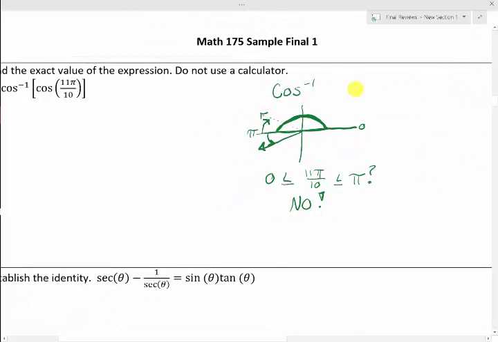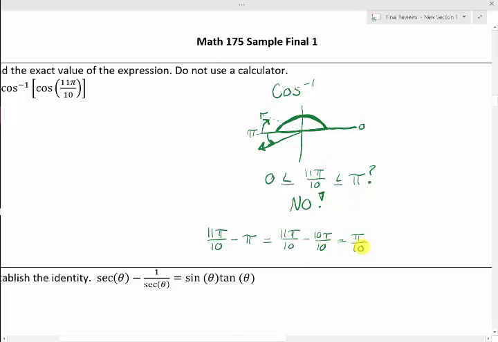Well, the difference between pi and 11 pi over 10 is pi over 10.